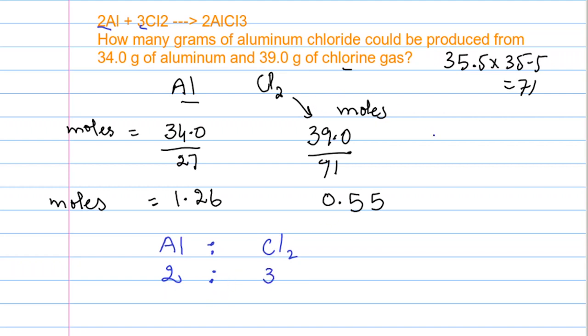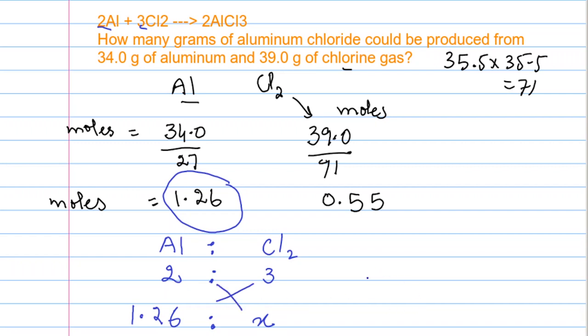Now the moles of aluminum are 1.26. We write 1.26 here, using the ratio method.